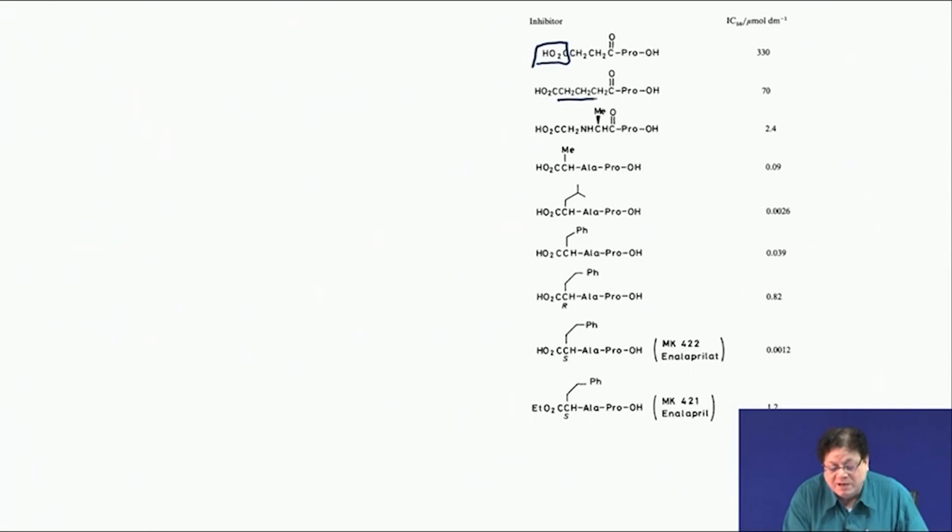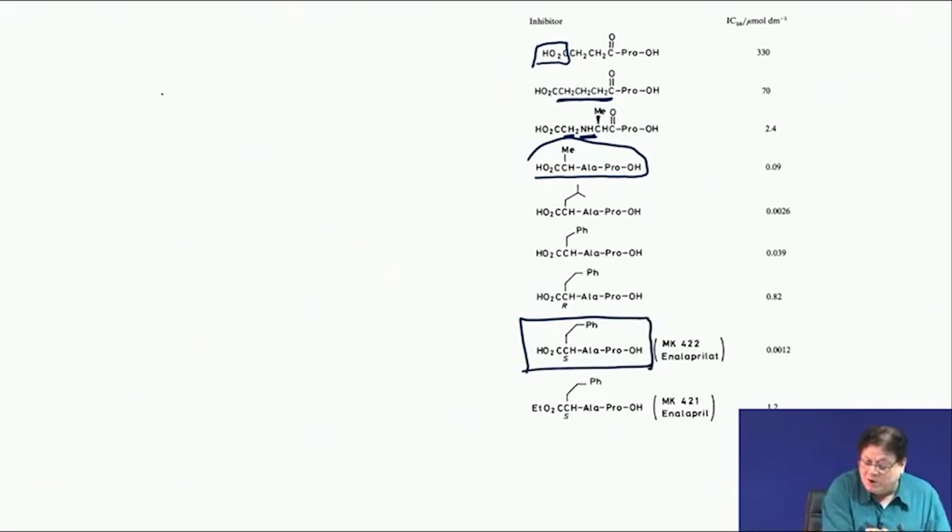What they did: different numbers of carbon atoms, then put this NH and CH2, peptidomimetic chemistry, and after doing all these, proline, alanine, CHMeCO2H, everything. So, you see there is a decrease in the IC50 value, and finally, they ended up by making a compound which is this.